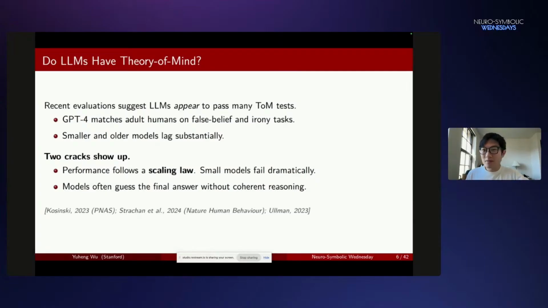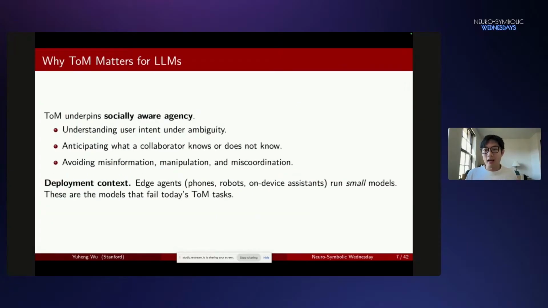So it seems that LLMs' theory of mind is not that good. And it is extremely important for LLMs, because with theory of mind they can understand user intent under ambiguity and anticipate what a collaborator knows or does not know.